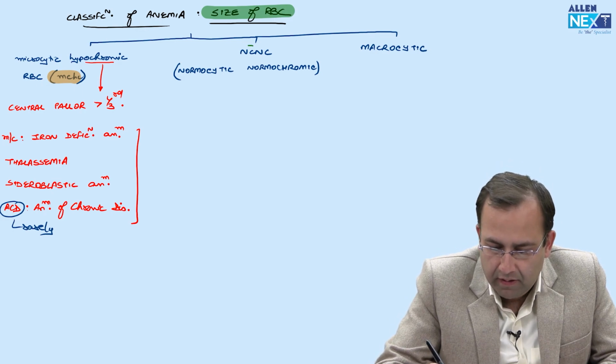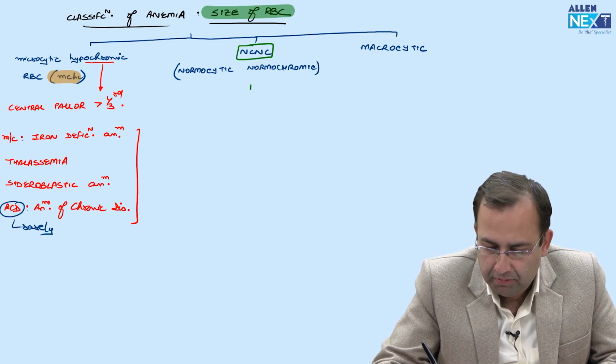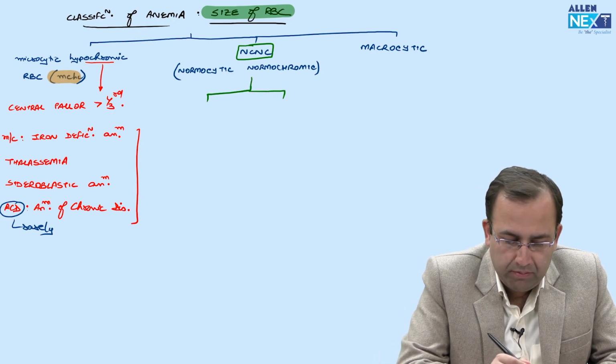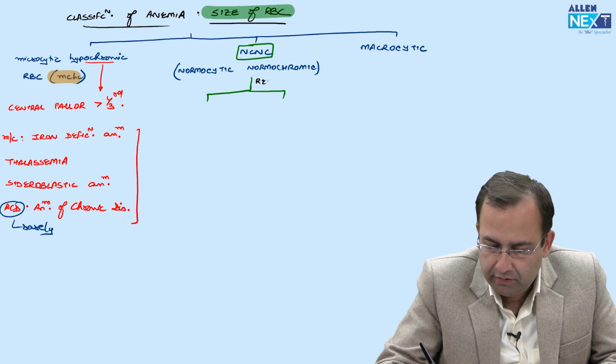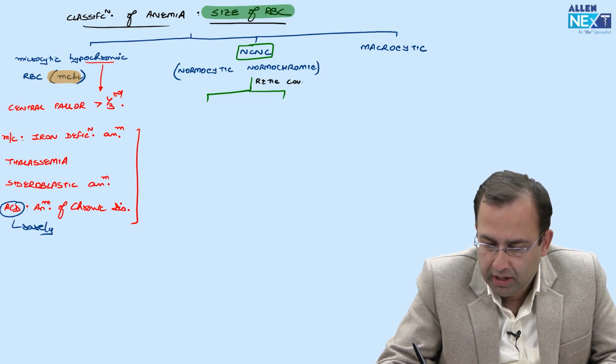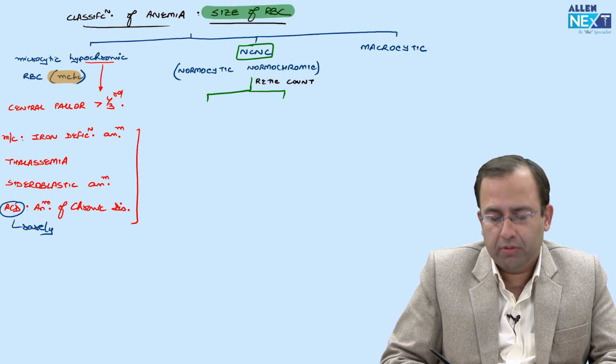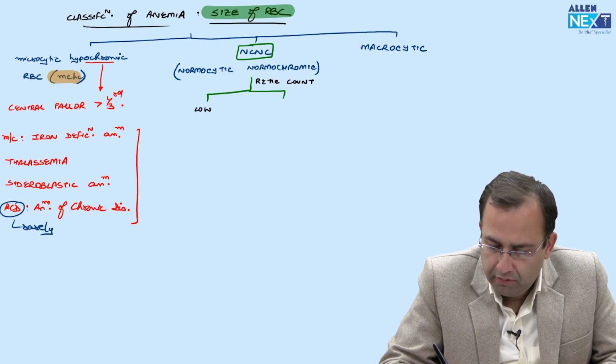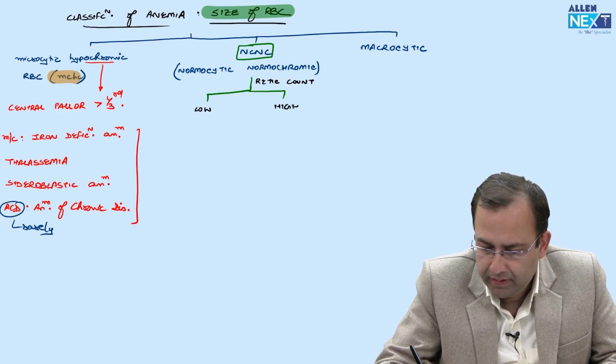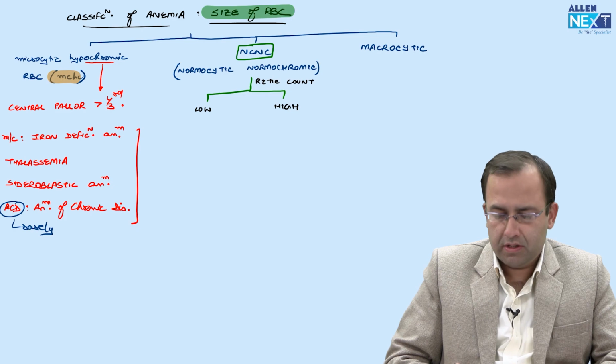We can divide normocytic normochromic anemia on the basis of retic count. On the basis of retic count, we can divide normocytic normochromic anemia into low versus high retic count. You already know the causes.